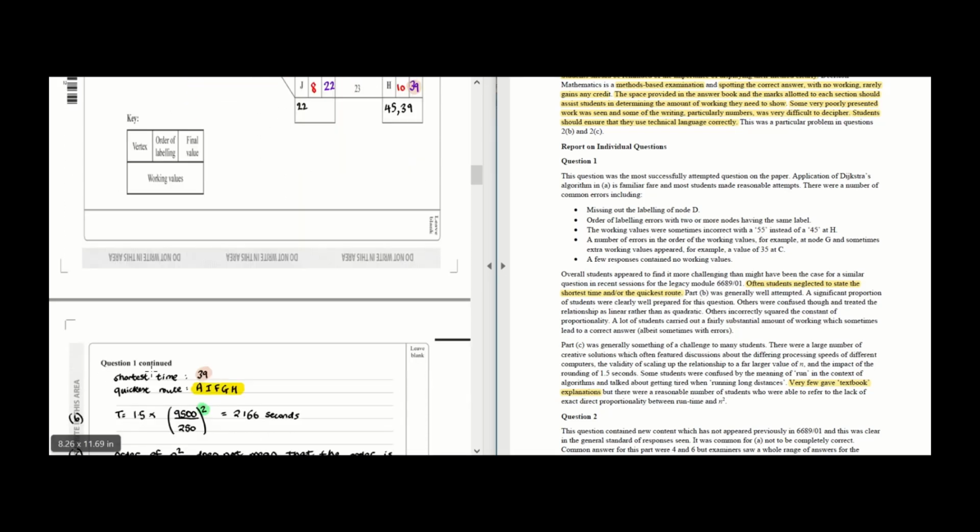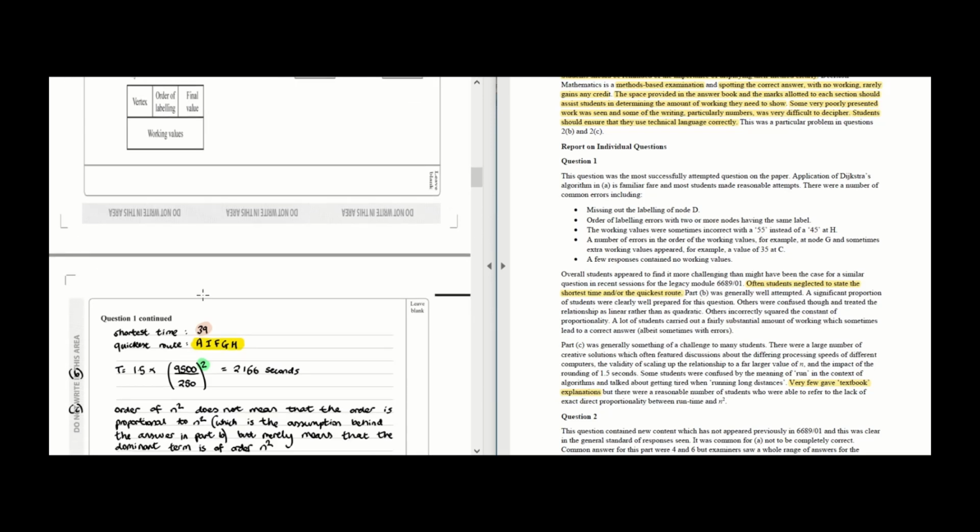There was also some bit written about the shortest time and the quickest route. State those in. Often under pressure you might miss little things like that out, so make sure you do include things like that in. Part B was pretty well done.